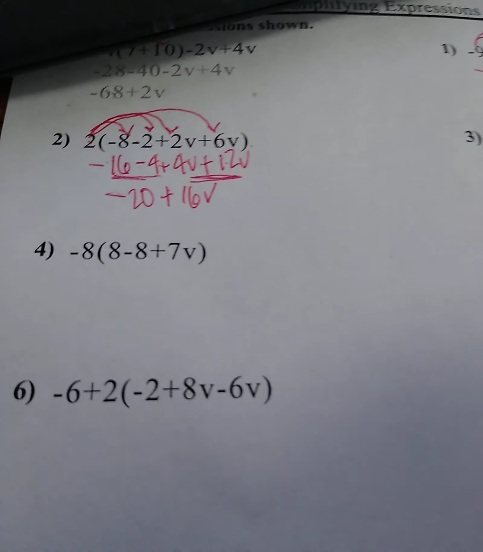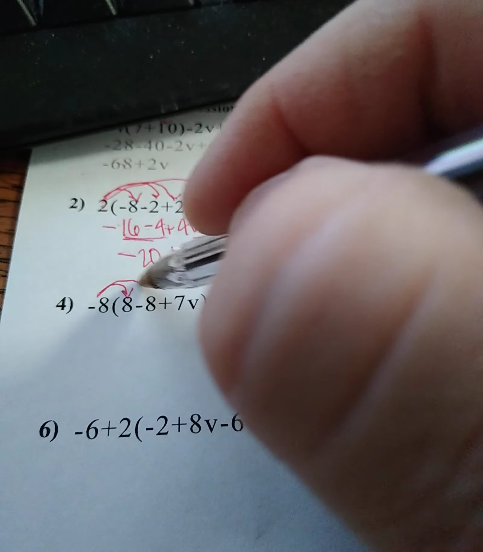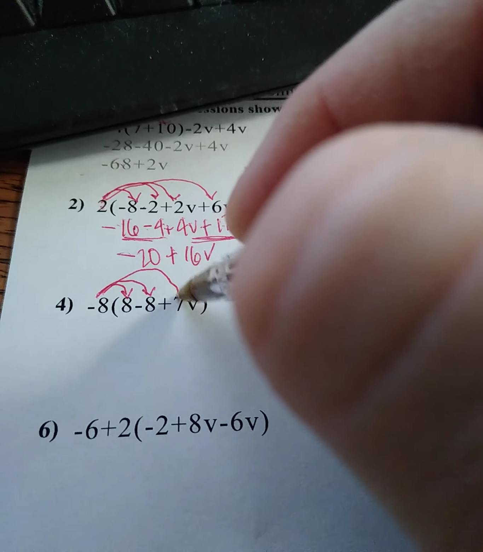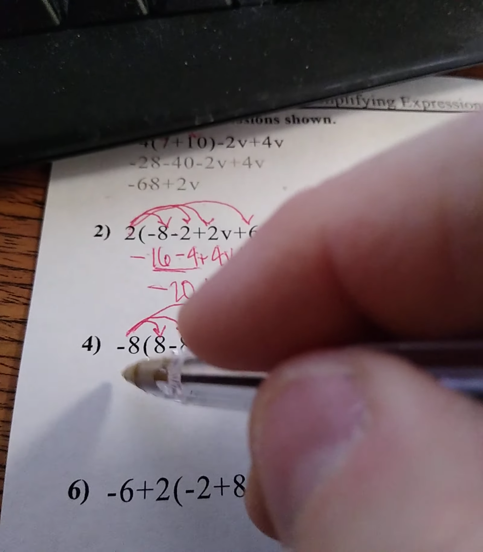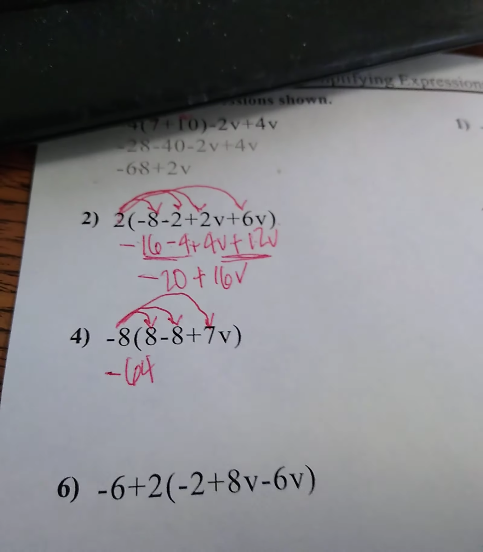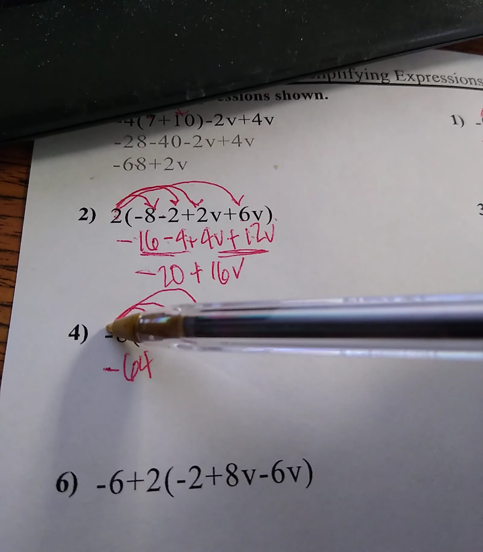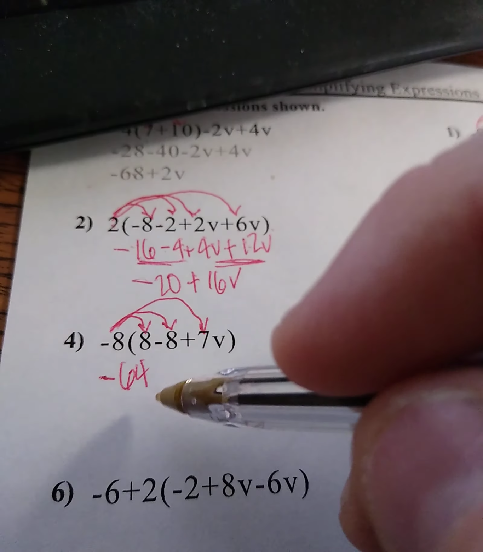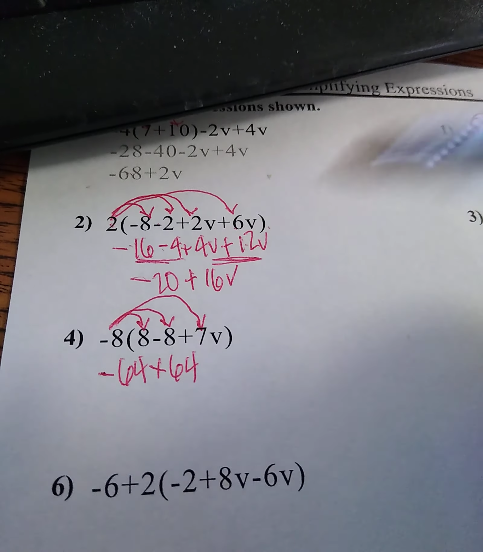Okay, there's that. And this one, again, multiply here, here, here. Okay. So negative 8 times positive 8 is negative 64, because remember, a negative and a positive is a negative. Negative 8 times negative 8 is plus 64. Okay.